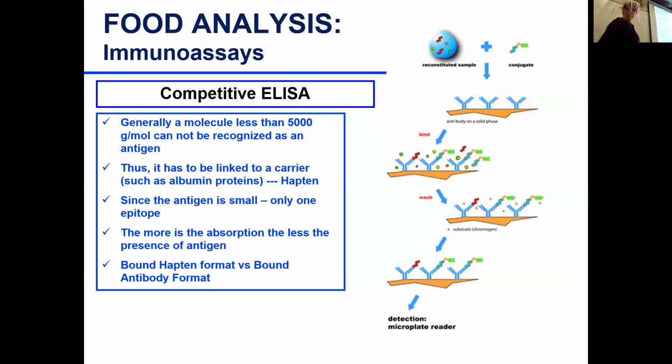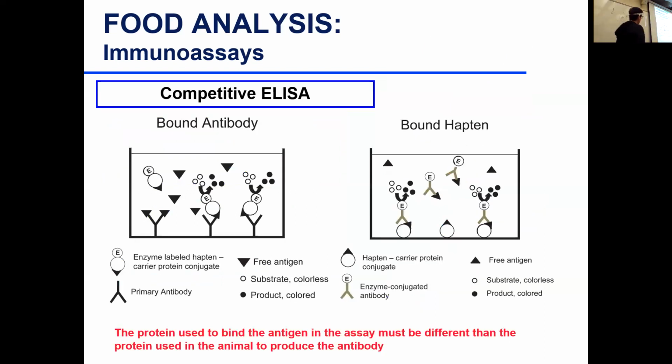So we can have different formats. We can have a bound antibody format for a competitive ELISA, or I can have a hapten bound format. So let's start with this one.